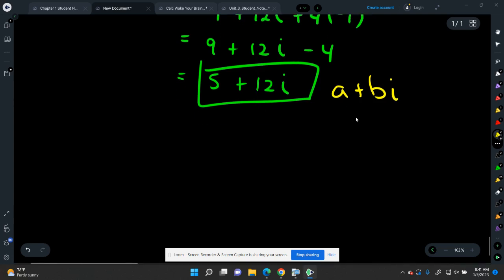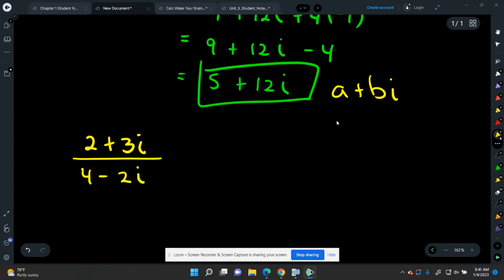Division is probably the only one that I think is hard, right? Or harder. We have 2 plus 3i over 4 minus 2i. Now we know that i equals the square root of a negative number, right? Or it's the square root of a number. And we cannot have a square root in the denominator.